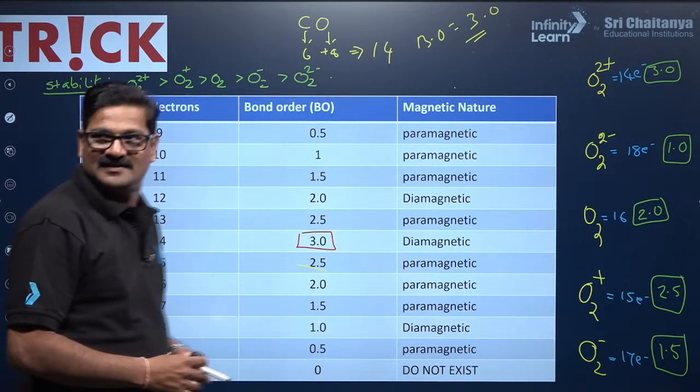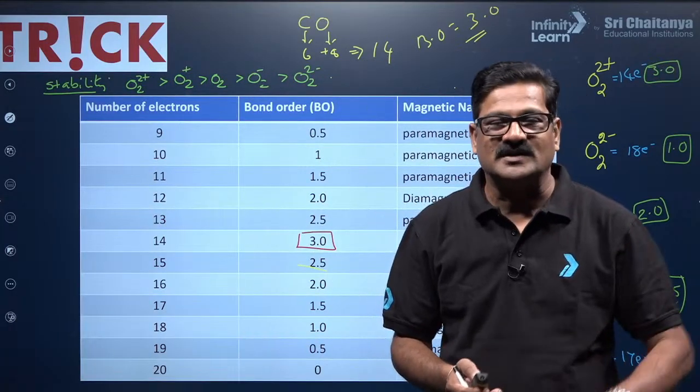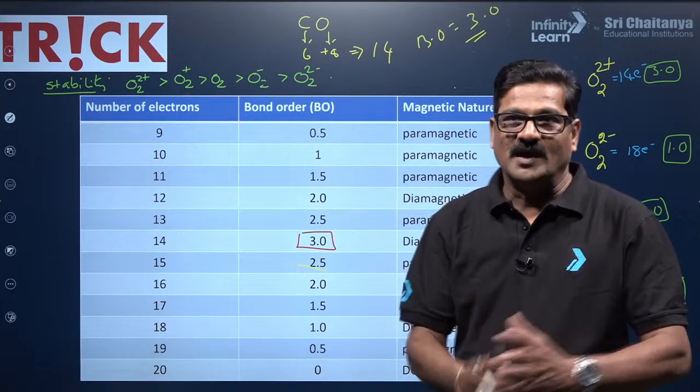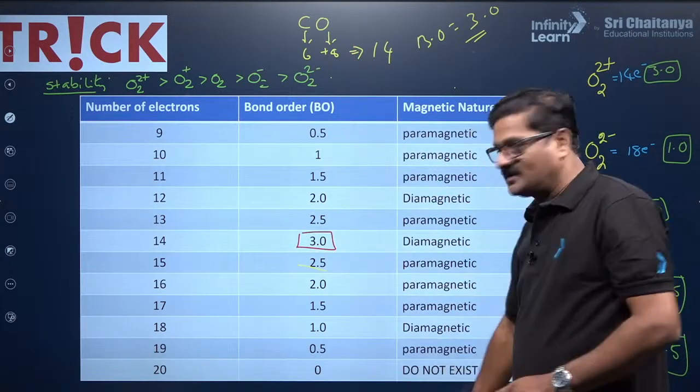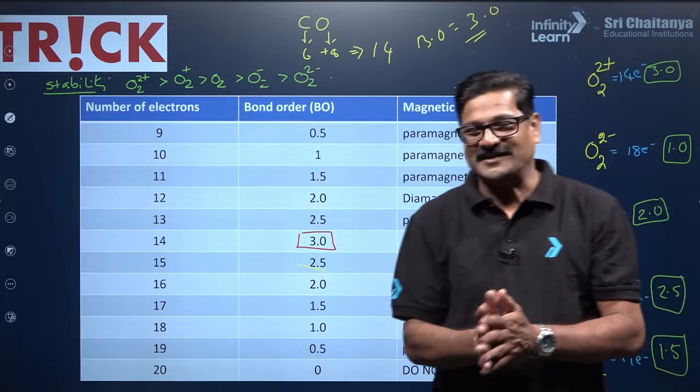Exactly. So when you talk about the bond order, it is important to know what exactly the bond order tells you. And this is a super amazing trick that can help you to answer various questions from the NEET examination.